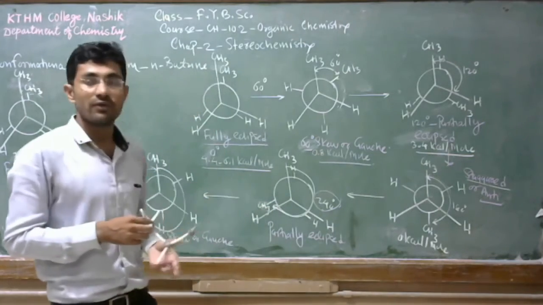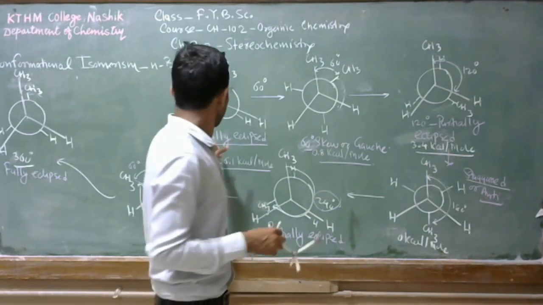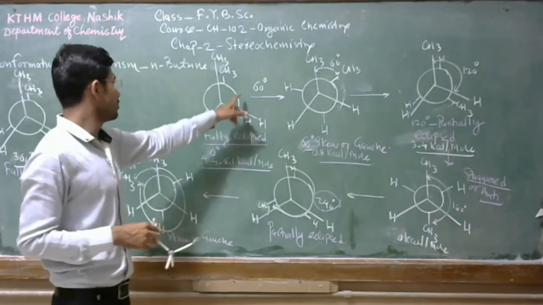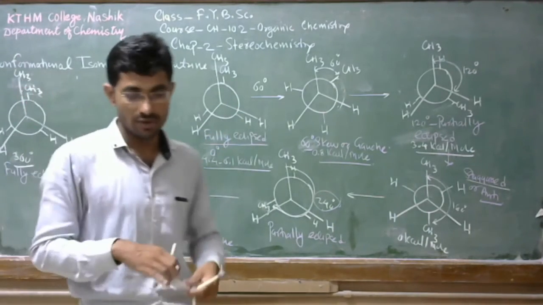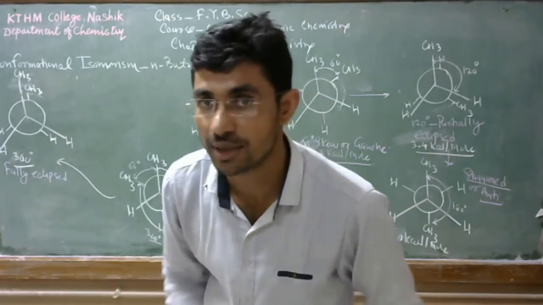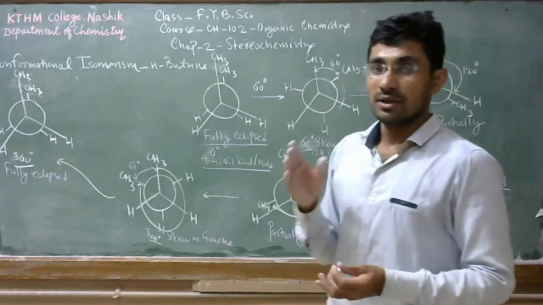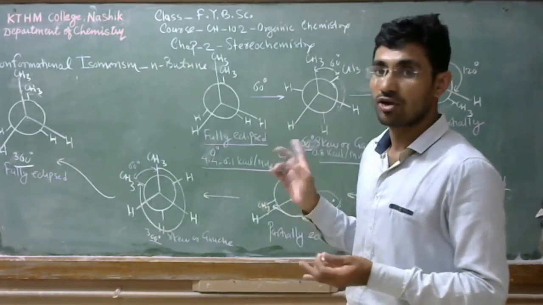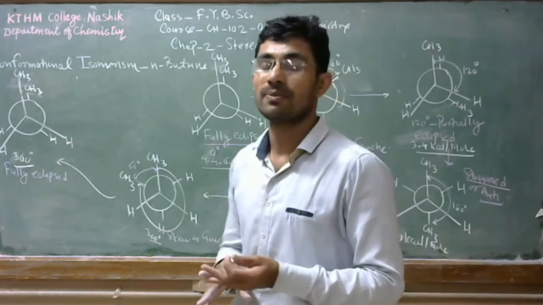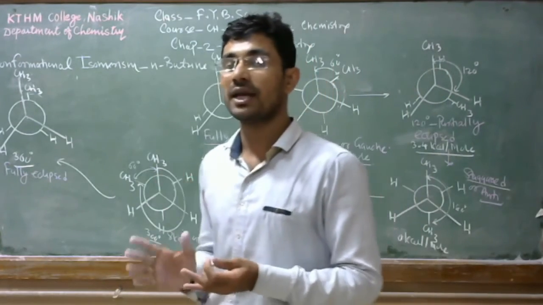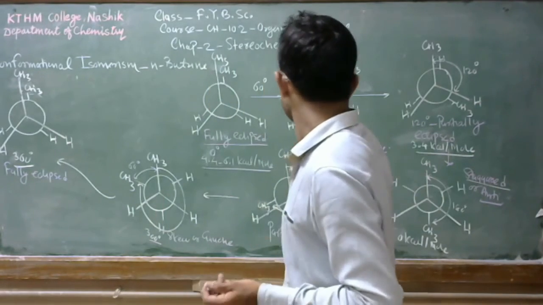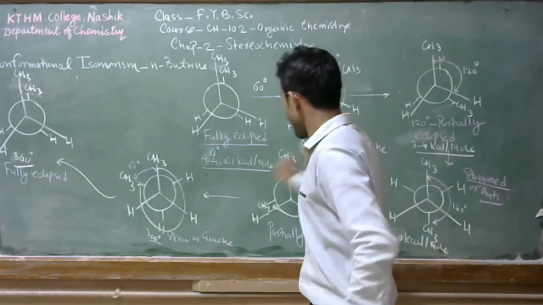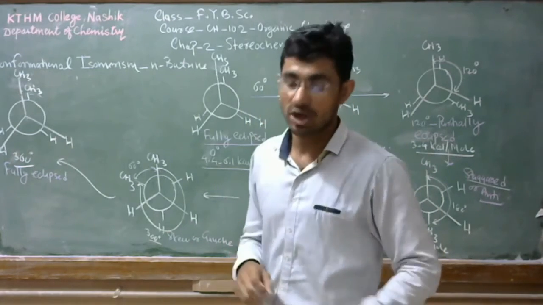So in this way we can say that for angle 0 and 360, fully eclipse conformation; for angles 120 and 240, partial eclipse conformation; for angle 180, staggered or anti conformation; and for angles 60 and 300, skew or gauche conformation.